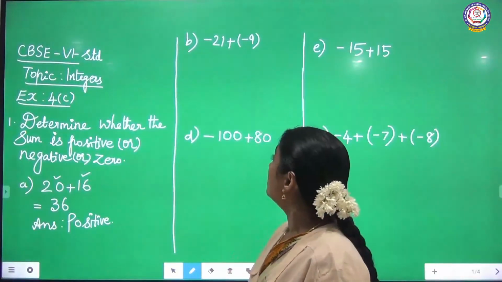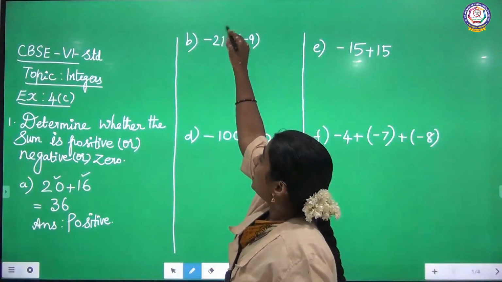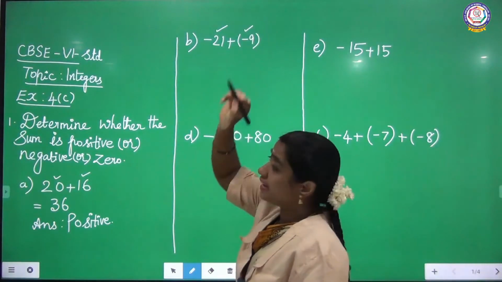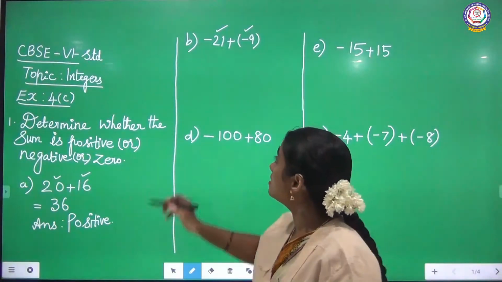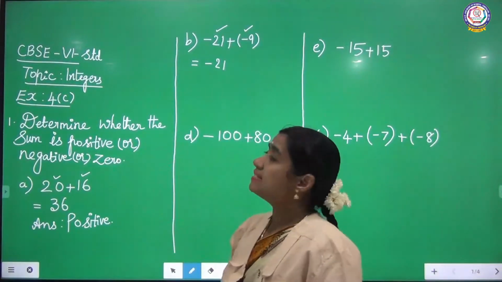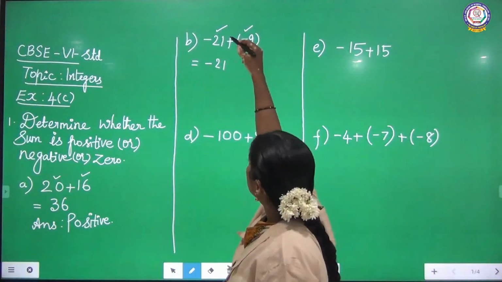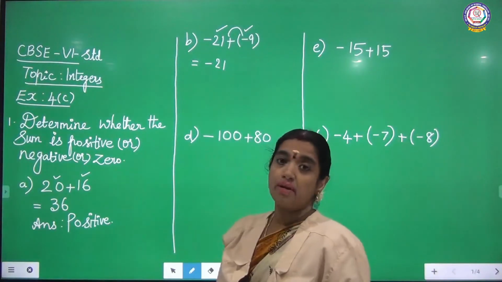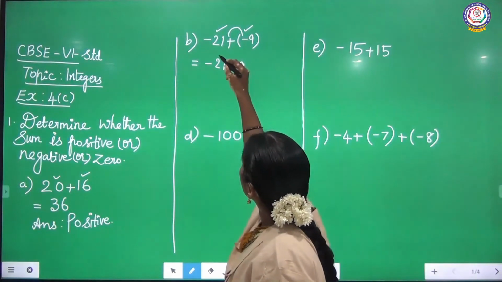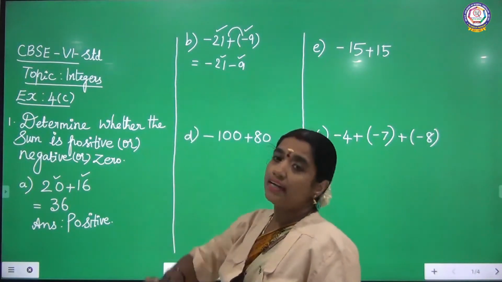Now come here, see this minus 21 as well as plus into minus 9. Just how I am going to do this, listen. See this, minus 21 write as it is. Plus into minus is minus. So when I see here, two negative integers.